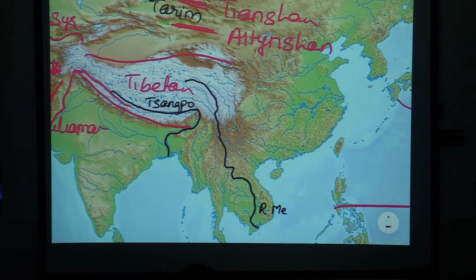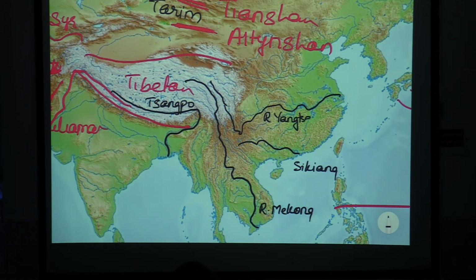River Mekong, lengthiest river of Southeast Asia. River Sikiang. River Yangtze or Changjiang, lengthiest river of China.